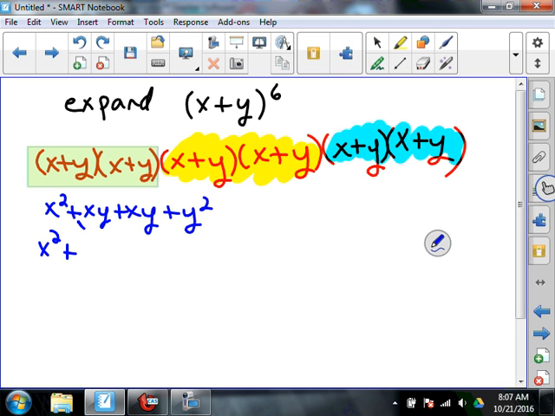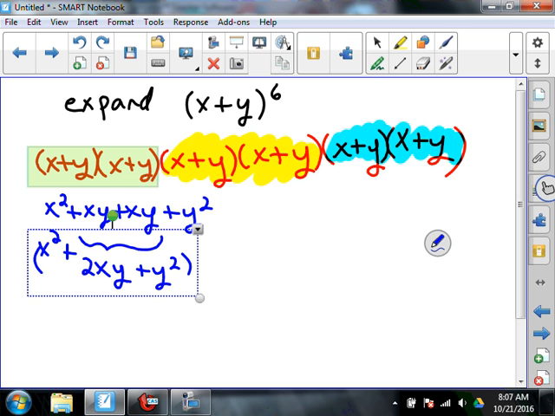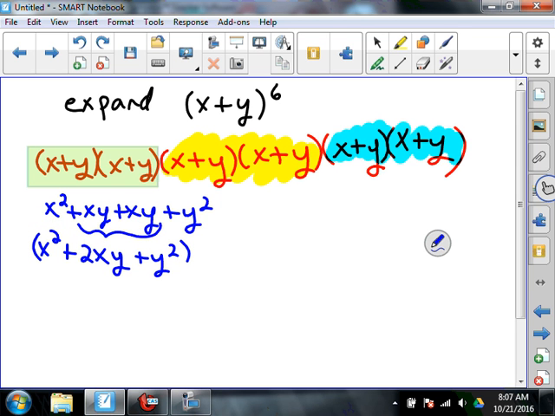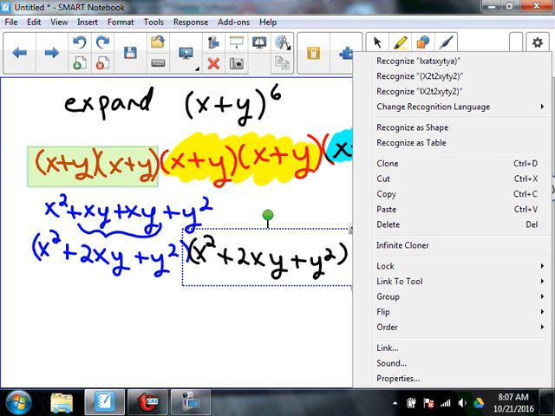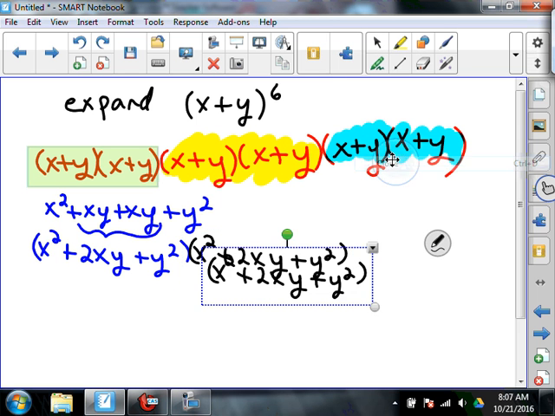We have xy and another xy, so 2xy. So we're going to have x squared plus 2xy plus y squared. We'll have all that again, and then one more time, so we'll have it three times.